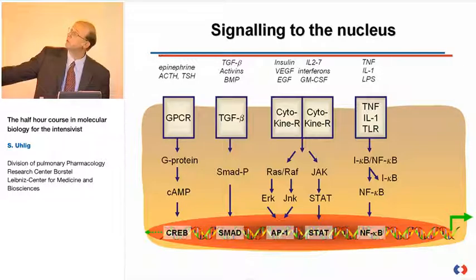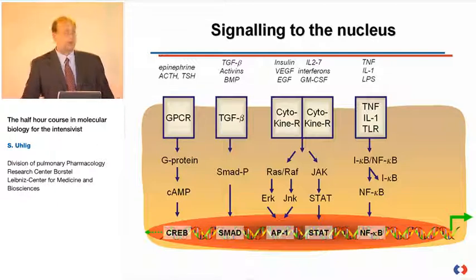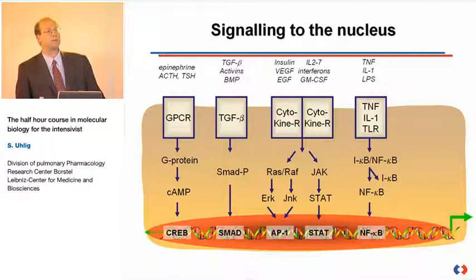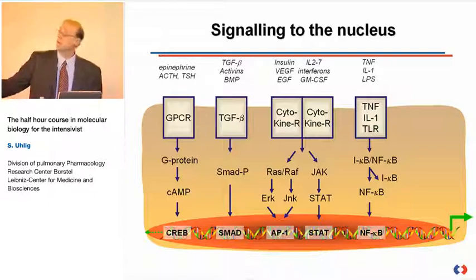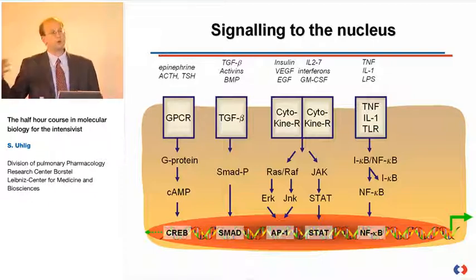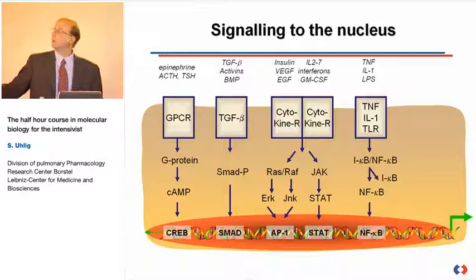So this is a gene, and here the G protein coupled receptors. Good examples for activators of those receptors are epinephrine, for instance, or TSH and so on. We know that mostly they activate very rapid reactions like glycogenolysis and so forth.